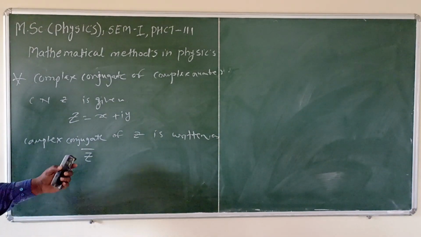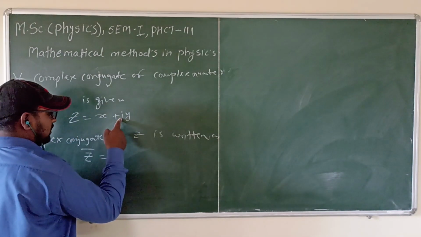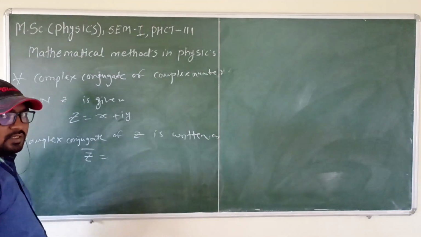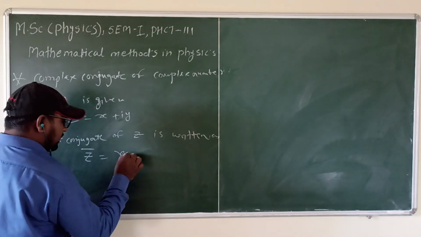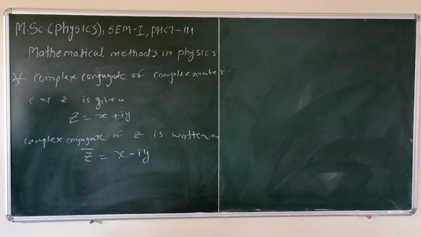On the head of the z there is a bar for representation, and this plus i is replaced with minus i, as x minus iy. This is the complex conjugate.